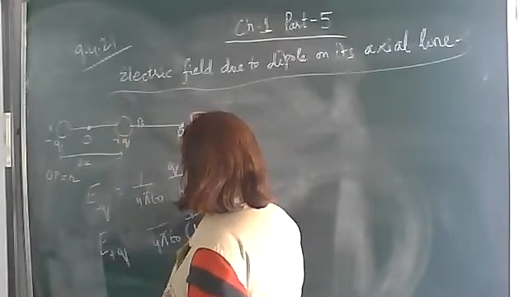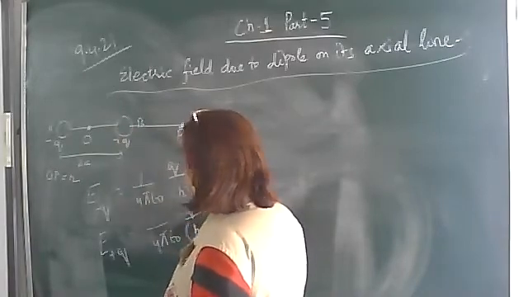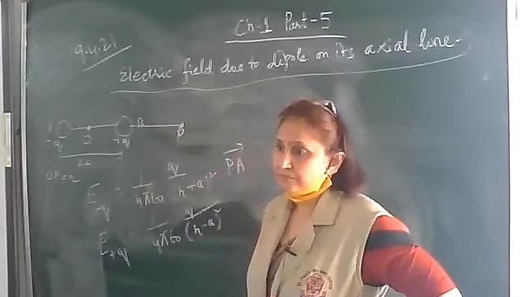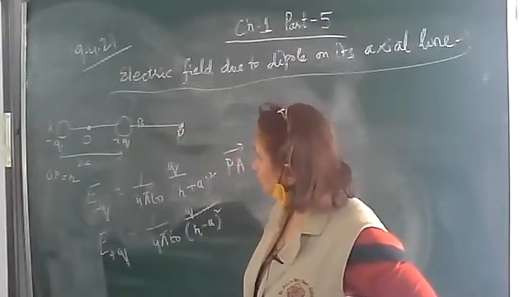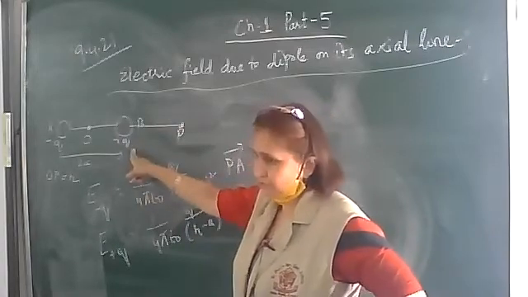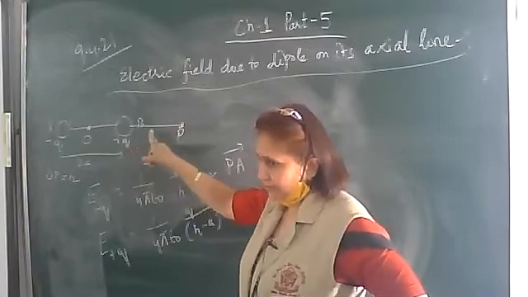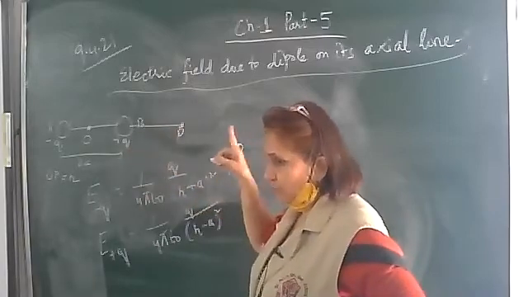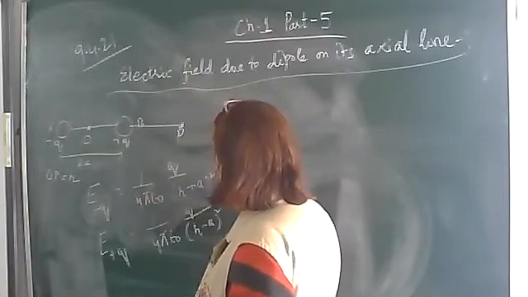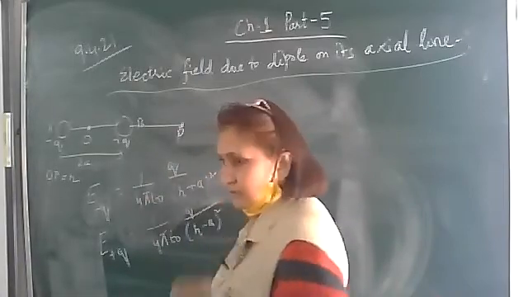So R minus a whole square. Now what is the direction of this electric field? You are finding out due to plus q charge. Electric field due to a positive charge points away. So the direction is along the BP vector.